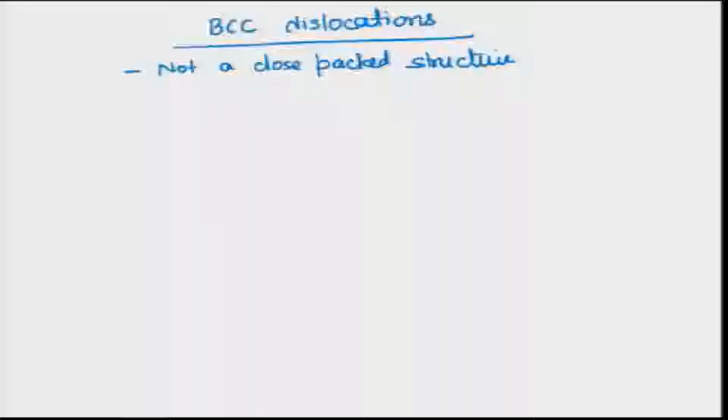What do I mean? If you compare the packing fraction of FCC, it is the highest that is possible, which is equal to 0.74. On the other hand, BCC is much lower than that, equal to 0.68, meaning this is not a close packed structure, it is a relatively open structure with respect to FCC.